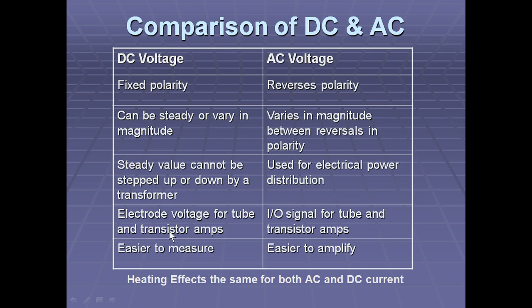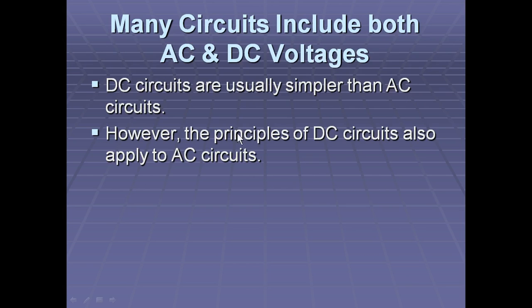DC voltage is the electrode voltage for tube and transistor amps, while AC voltage is the input and output signal for tube and transistor amps. DC voltage is easier to measure, and AC voltage, because it has amplitude, can be easily amplified. But the heating effects are the same for both AC and DC current.